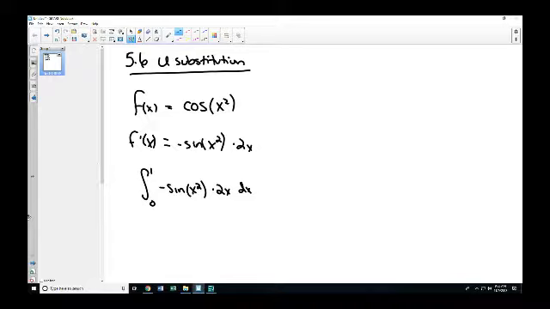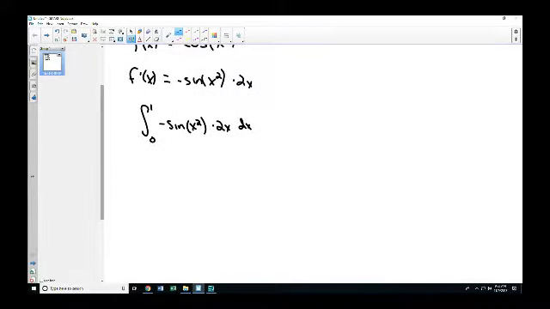Then you need to think in terms of chain rule, right? So you have, this is going to be in the original, and this is your added on chain rule. So what we need to do is manipulate this so we can get rid of the 2x. We know that x squared, the derivative is 2x. So that's how we're going to manipulate this.